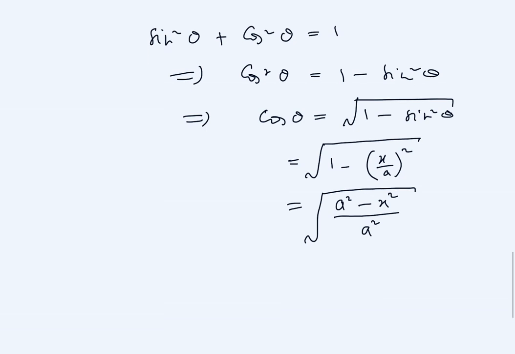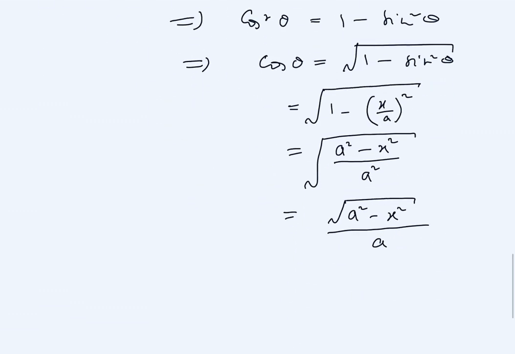And you may write this as the square root of a squared minus x squared divided by the square root of a squared, which is just a. So that's basically what cos theta is in terms of x.